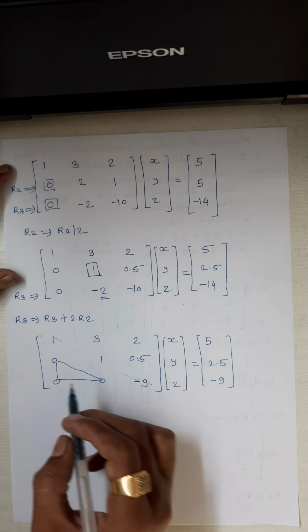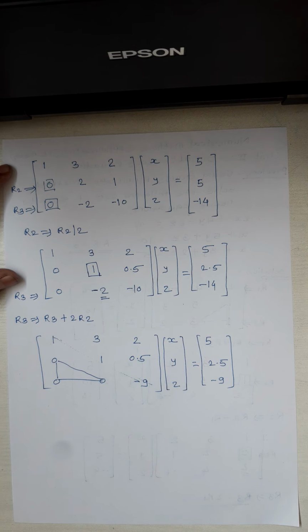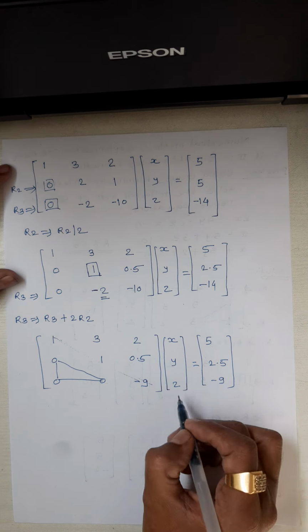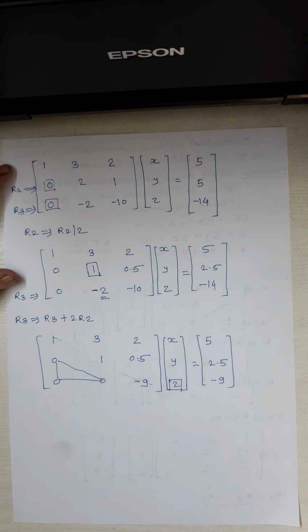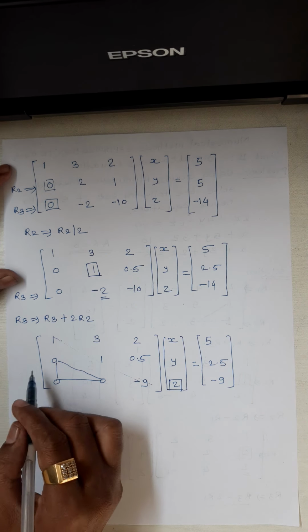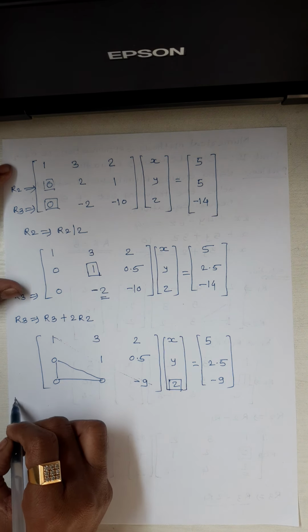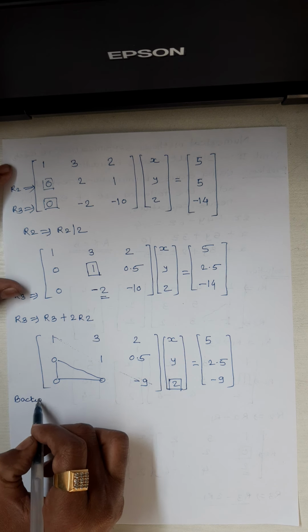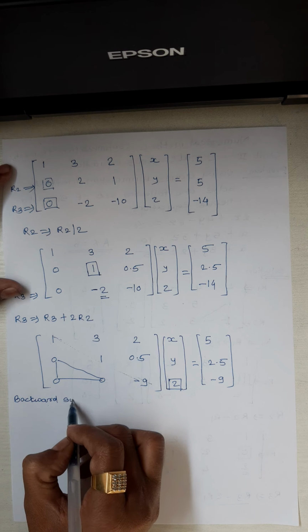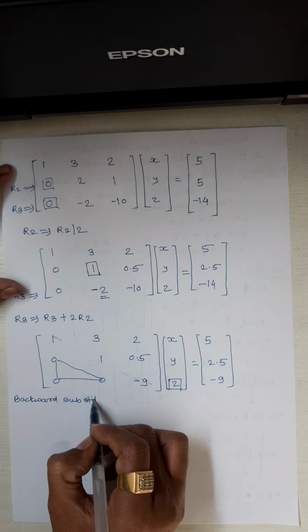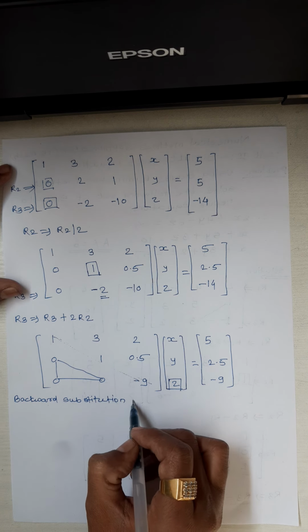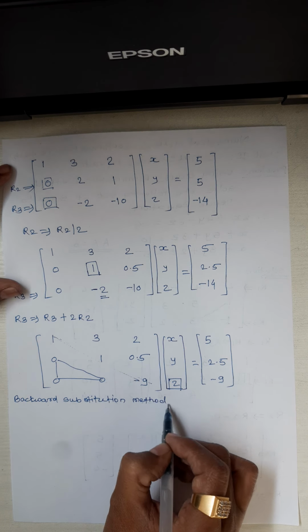So the next step is to calculate the first unknown z. How to calculate the first unknown z? By using which method? By using the backward substitution method.